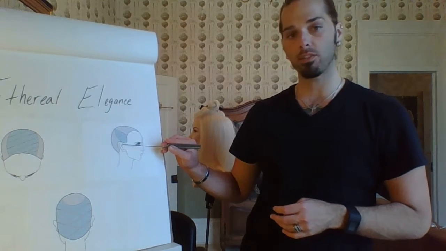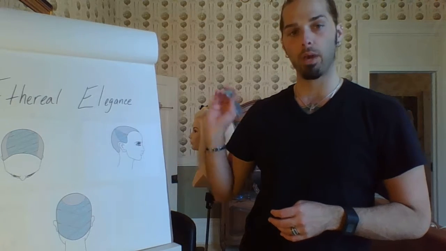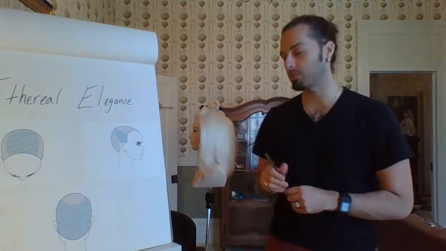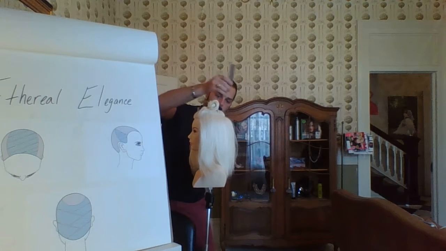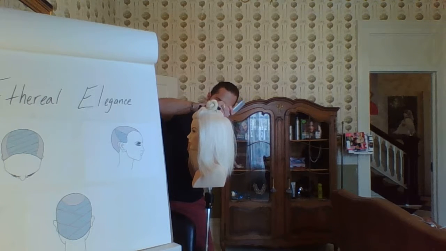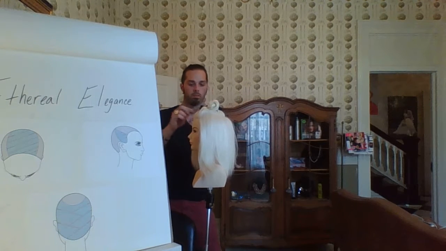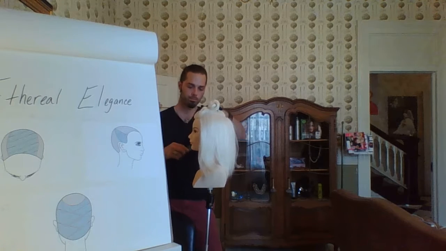So next we're going to go on the side part. We're going to take right across from the top of the ear. We're going to go straight back up into the apex and meet the top section. So we're going to go from the apex right down to in front of our client's ear.